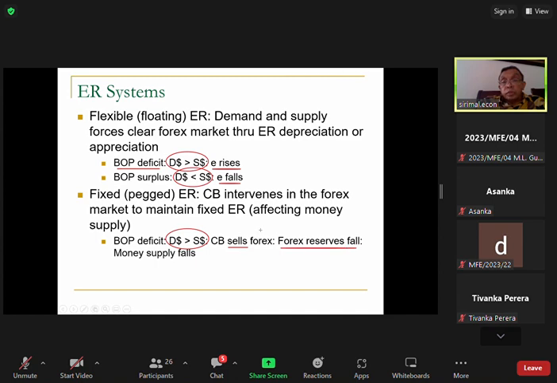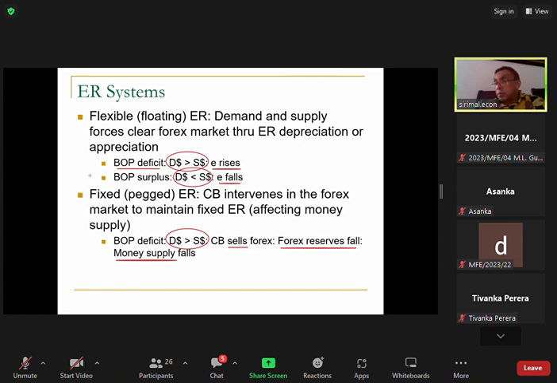From the reserves. So the reserves should fall. In the process, money supply falls too. Why? The central bank brings dollars to the commercial banks, and the commercial banks have to pay the central bank.